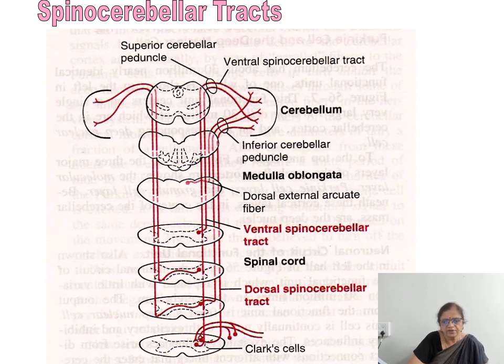So here you can see the dorsal spinocerebellar tract. First entering through the dorsal grey horn, always sensory, it will enter through the dorsal grey horn, synapse here, and end on Clarke's column.